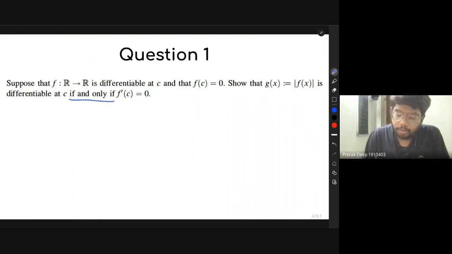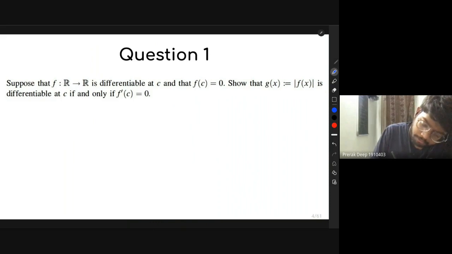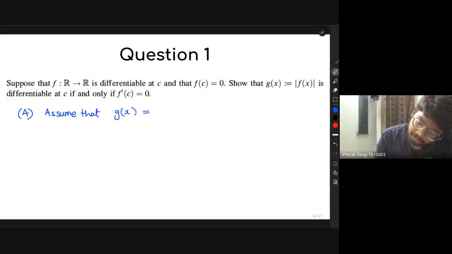So in this statement, it's an if and only if statement. How do we understand this? First we need to prove, let me write it as A, that we assume g of x, which is defined to be modulus of f x, is differentiable at c.